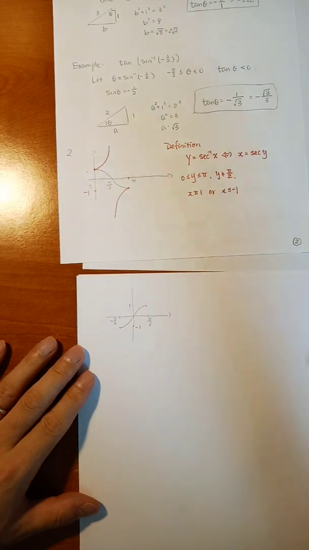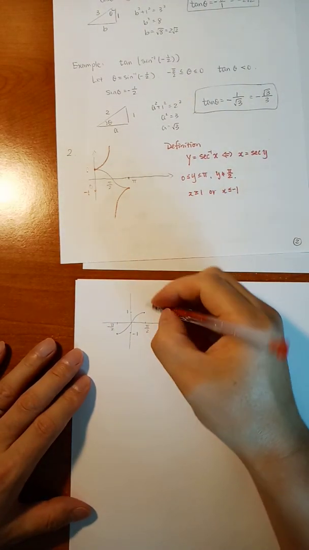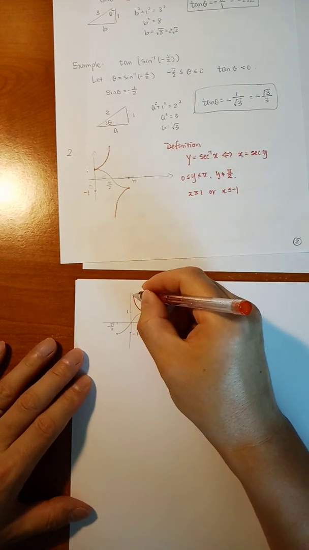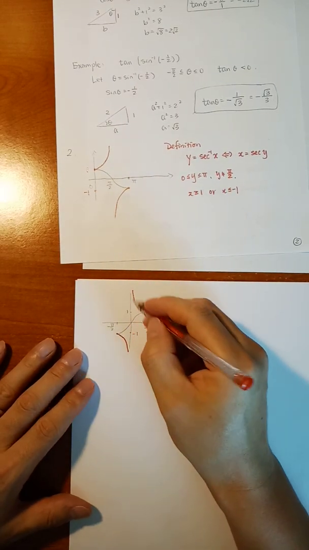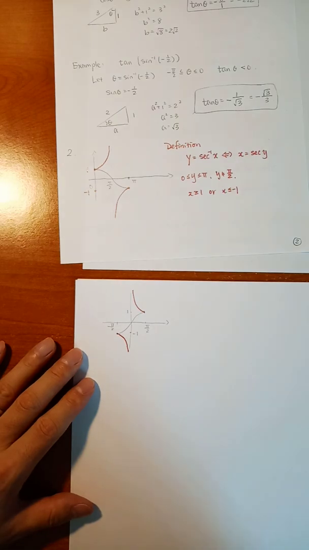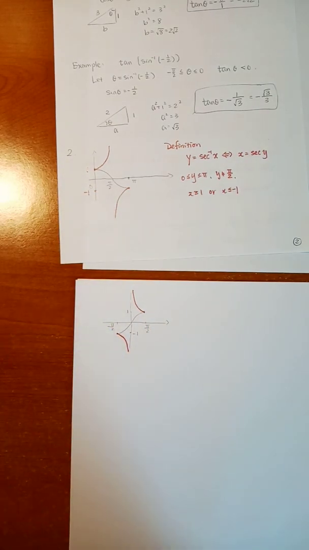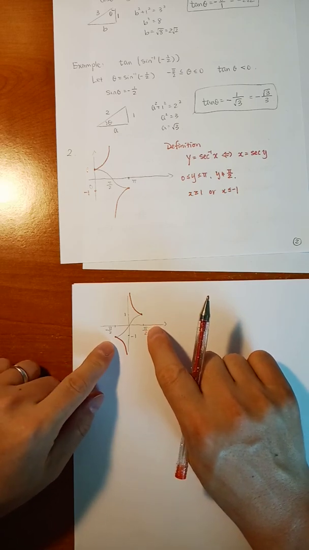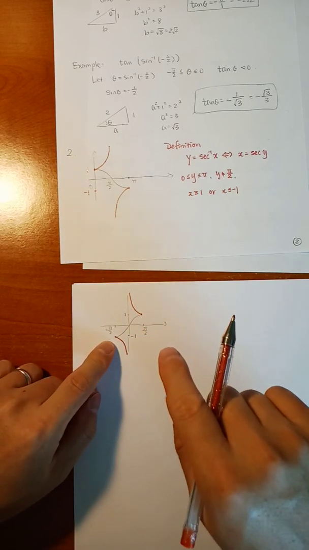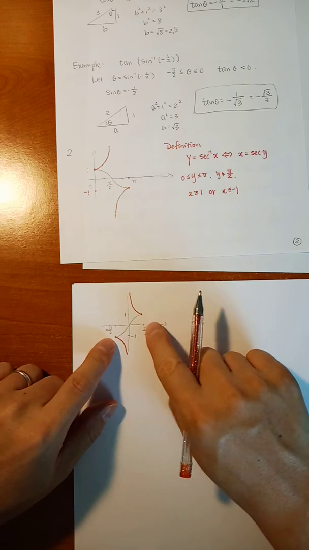This is sine. Then what is the graph of a cosecant? It's the graph of cosecant. The red curves are the graphs of cosecant over negative pi over 2 and positive pi over 2. Because for the inverse sine, we choose negative pi over 2 to positive pi over 2. So here, for the inverse of cosecant, we also choose this domain.